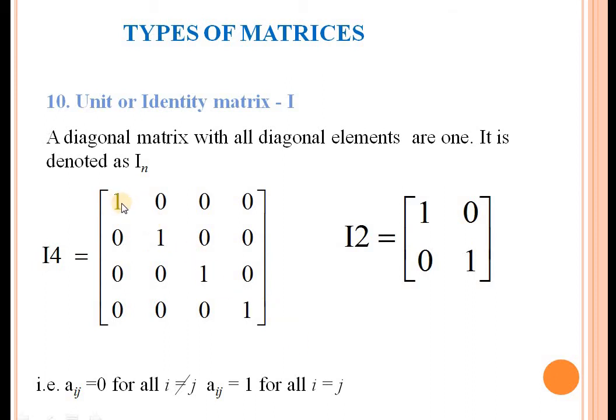So A11, A22, A33, A44 are 1. It is generally denoted as In. I2 means identity matrix of order 2 by 2. I4 means identity matrix of order 4 by 4.